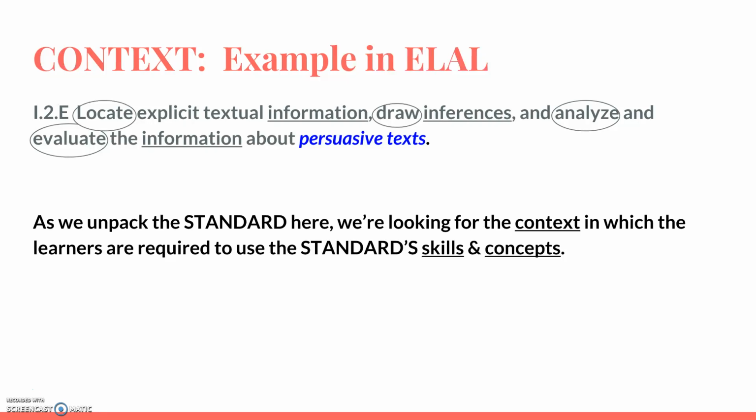Here's our familiar content standard. You'll see the verbs or skills circled, the nouns or the content underlined, and you'll see the context written in blue. The context in this standard tells us the situation in which the students will use the skills and the content.